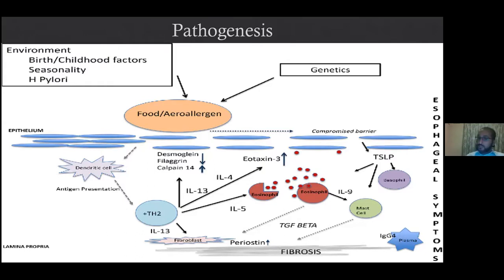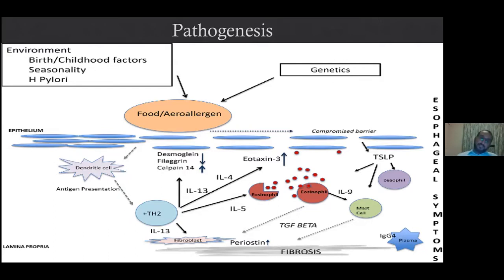Eosinophil stimulates interleukin 9. And combined with TSLP, which is thymic stromal lymphopoietin, basophils and eosinophil stimulate mast cells, transforming growth factor beta, increase periostin, and increase fibrosis.